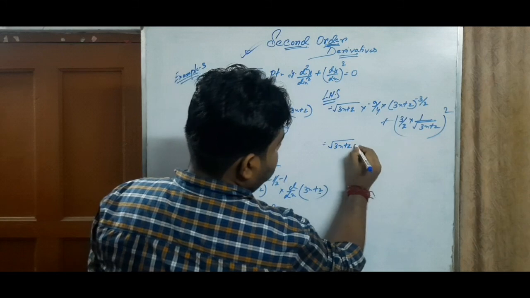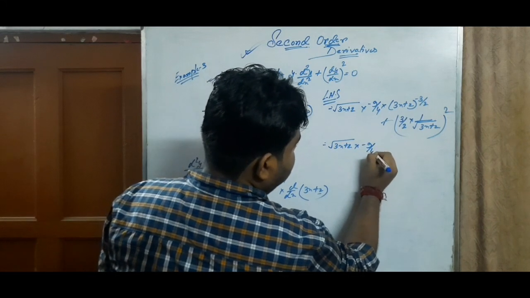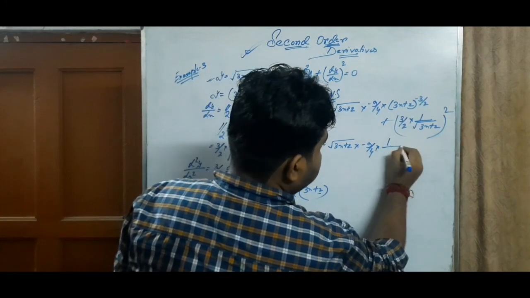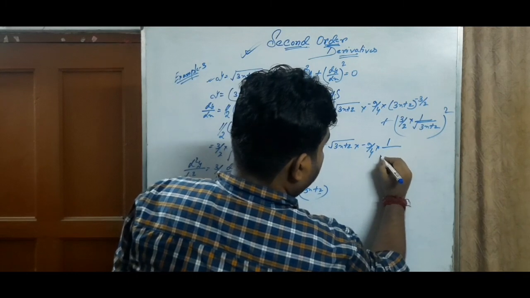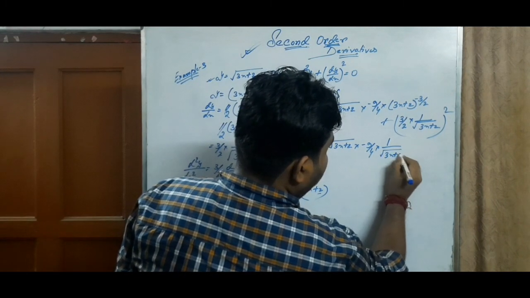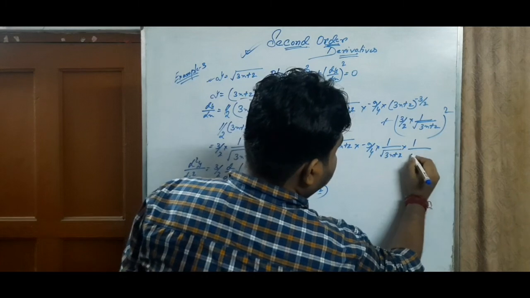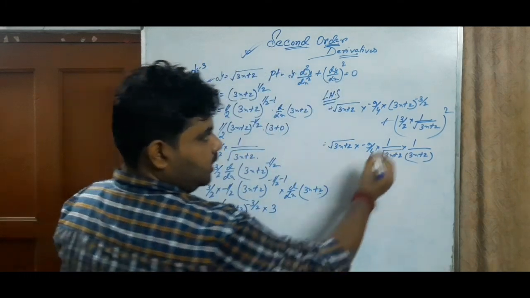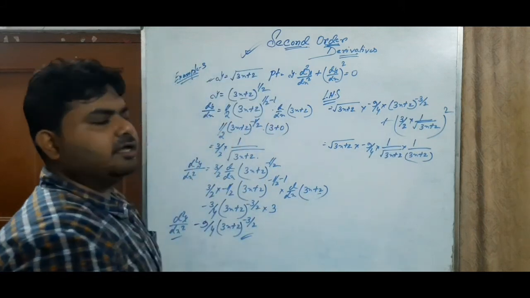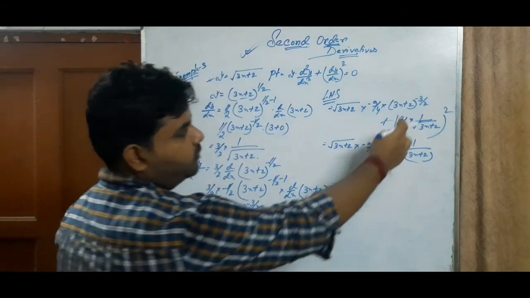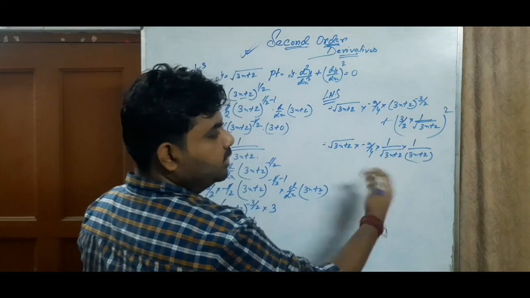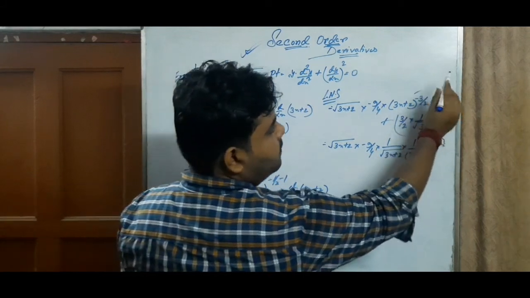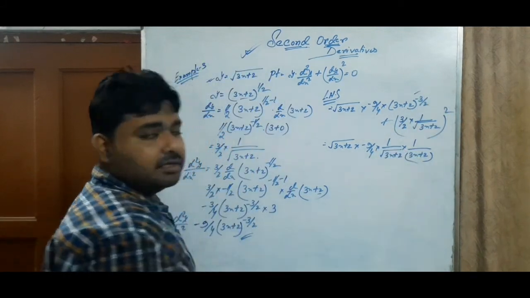Now 3x plus 2 into minus 9 by 4, we can write, that is 3x plus 2 into 1 by (3x + 2), minus 3 by 2, that is minus 1 into minus half, that is (3x + 2) into root over 3x plus 2. Since the power is minus, it will come as a denominator.